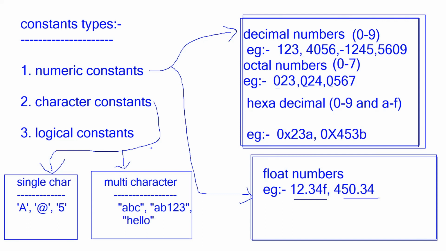All right. So these are the types of constants we have, and we can store these constants into different types of variables. How to do that? We are going to see here. For example, if you want to store the numeric constants into variables, how do you store them?